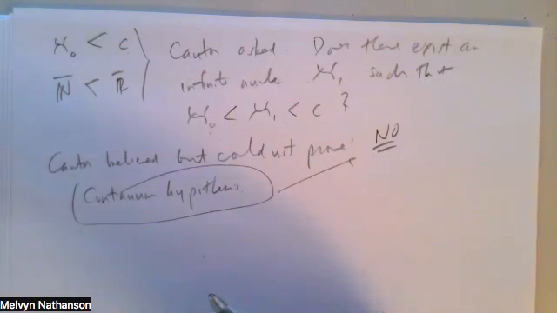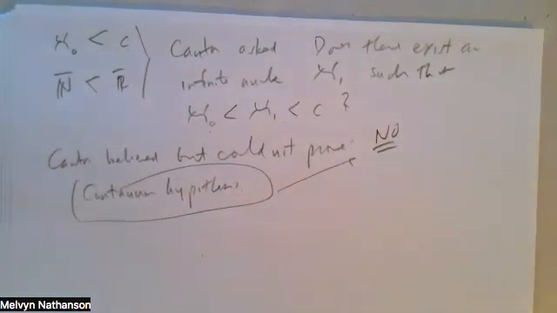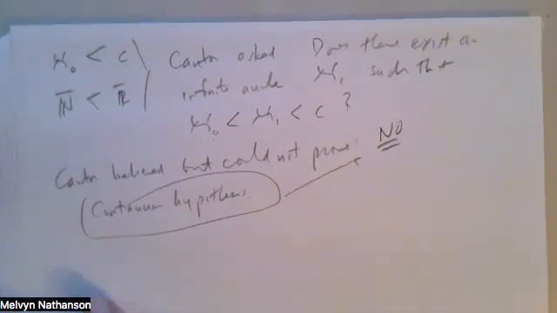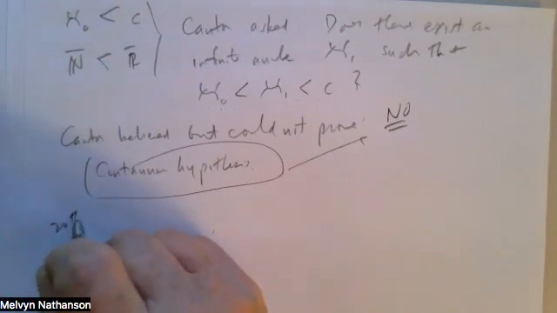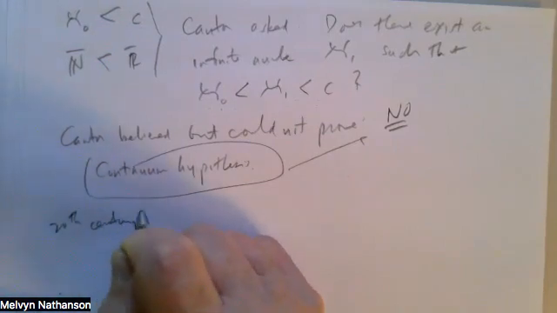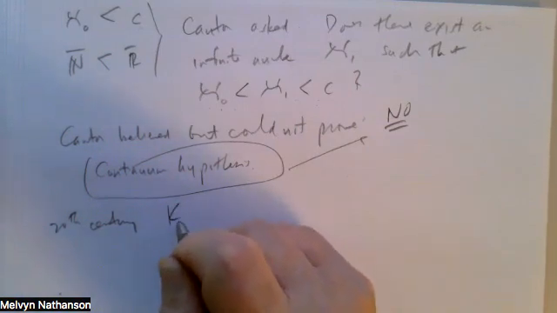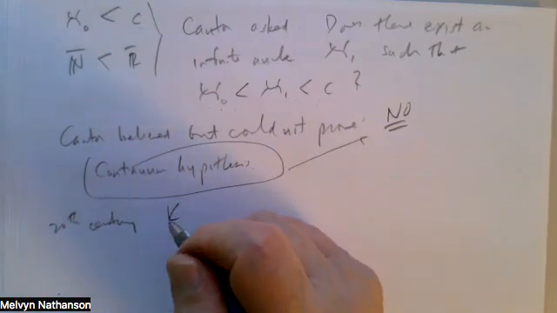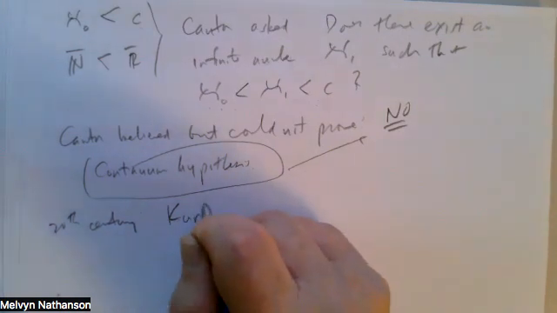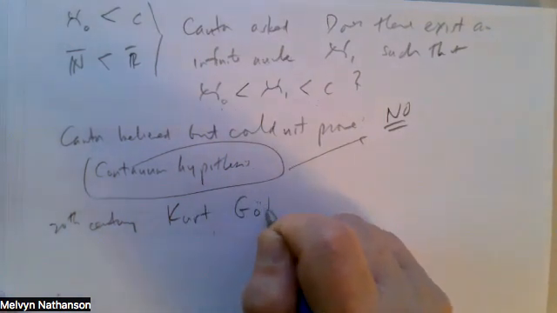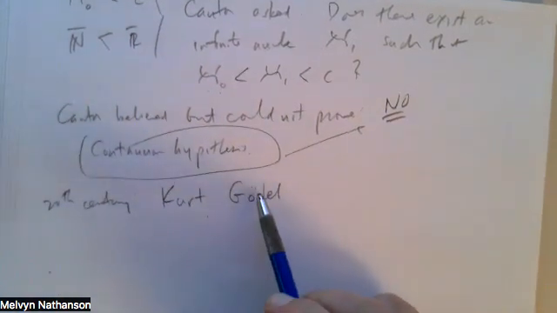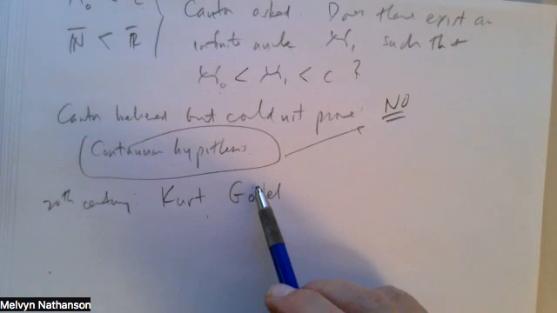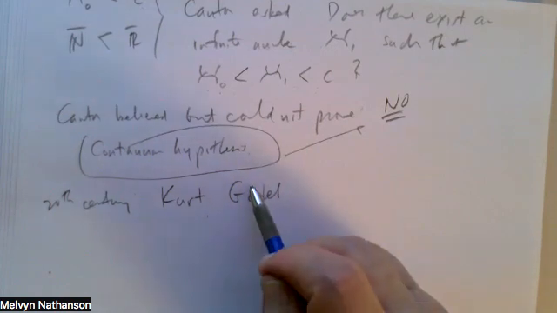And one of the great results of the 20th century was by an Austrian mathematician, Kurt Gödel. So in German, some letters have kind of accents over them. This is a double dot.